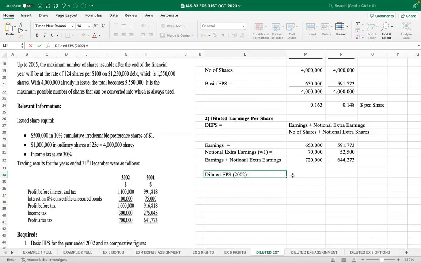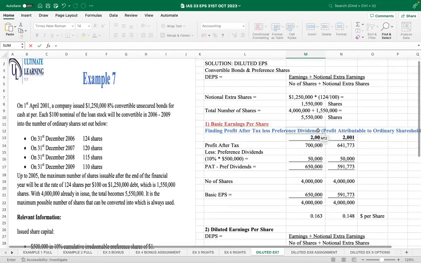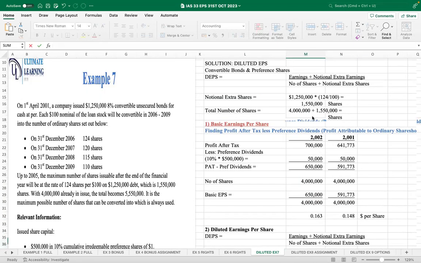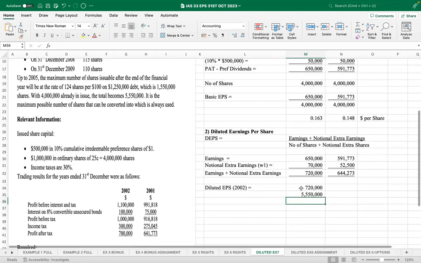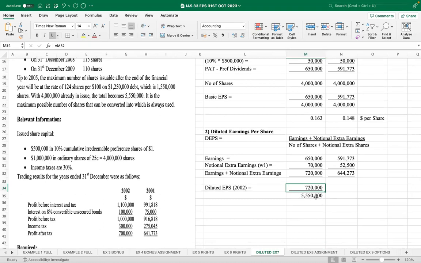Now, diluted EPS in 2002, it will be 720. In 2002, remember, conversion was in 2001. Divide by 550. So what is diluted EPS? Remember, this is profit plus notional extra earnings, and this is the total number of shares after the conversion.